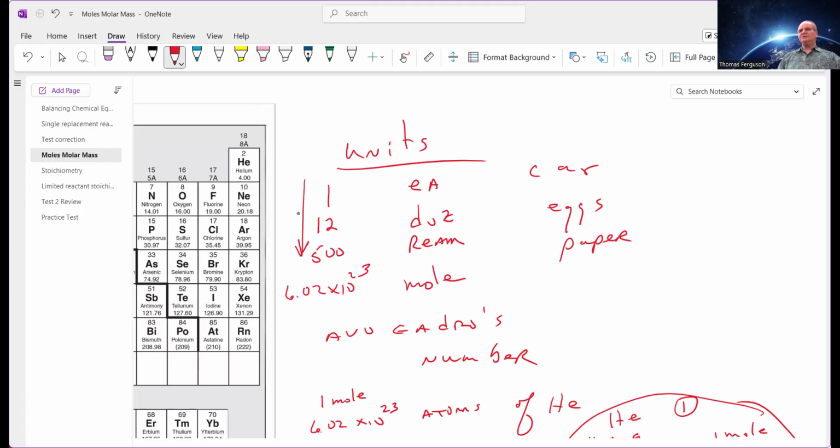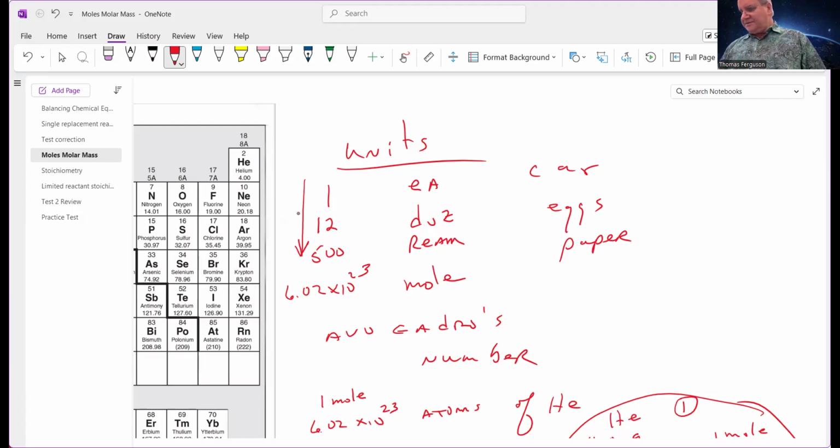That's a lot of zeros. So that tells you how small the atom is. Atom slash molecule. Molecules are a conglomerate of atoms. Really small stuff. So the convenient unit is going to be the mole. And the word mole comes from molecule.